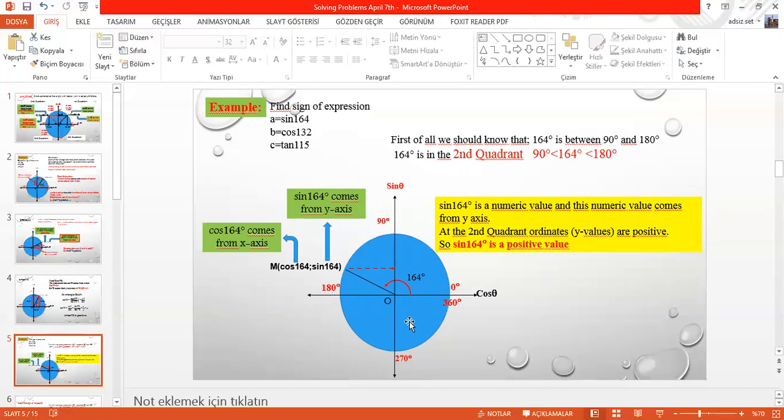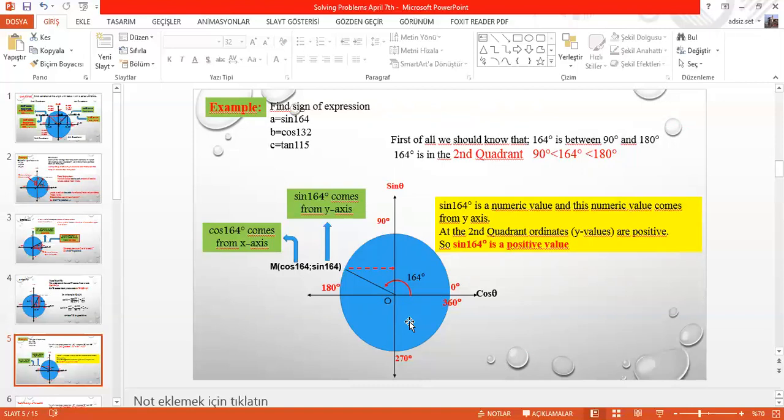In the second quadrant, y values are positive and x values are negative. Now we are going to check the sine of 164. We said it's in the second quadrant.